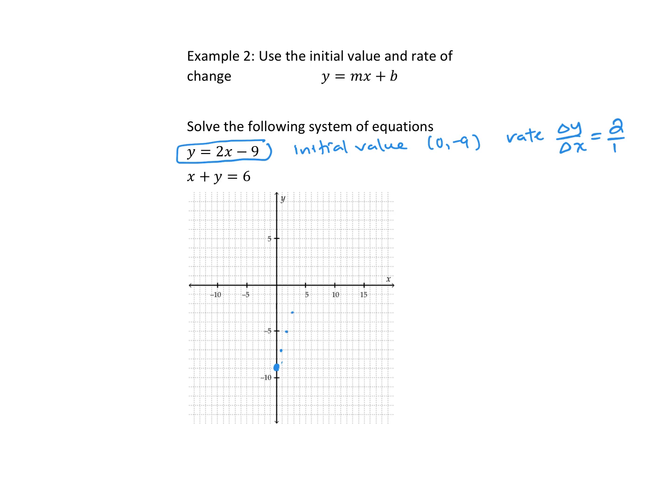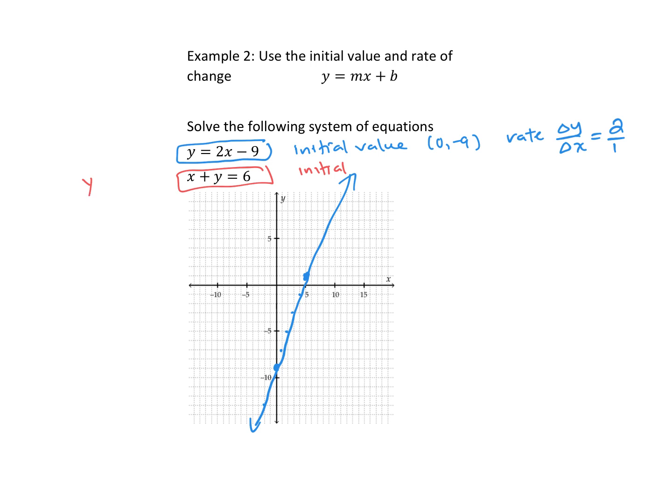And I could just keep doing this, following this rate in either direction. So I could also go down and left. So up, right, down, left are the opposite directions. And then the second one, the initial value is 6.